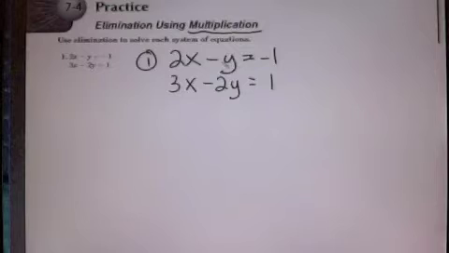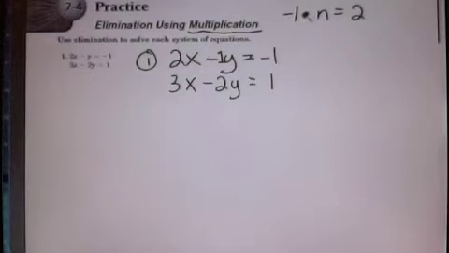Well, how could I change this into a positive 2? If I can think of a number to multiply by negative y to turn into a positive 2, then I can eliminate it. So for negative y, that's an invisible 1. For negative 1 times some number to equal positive 2, ask yourself, what would that number be?